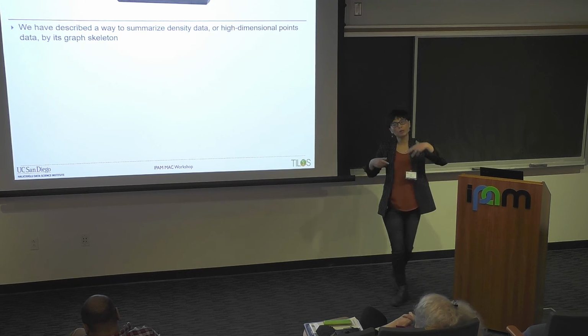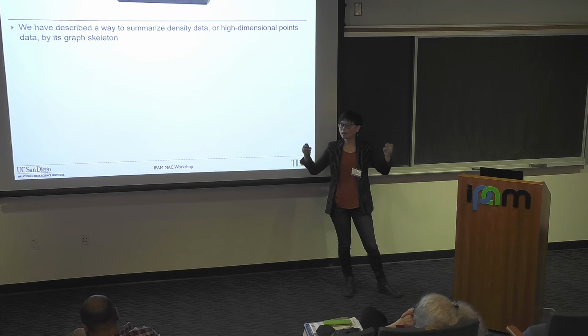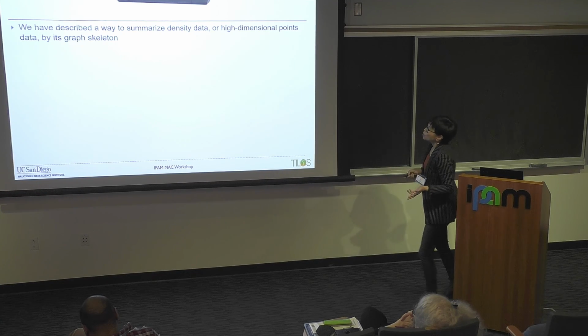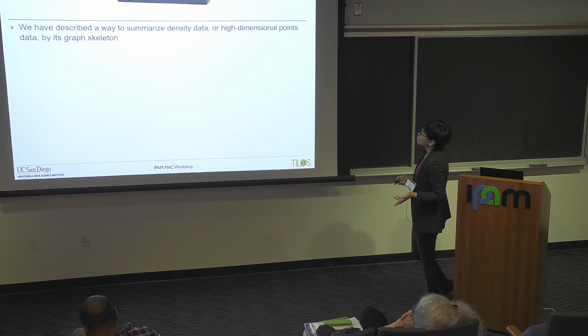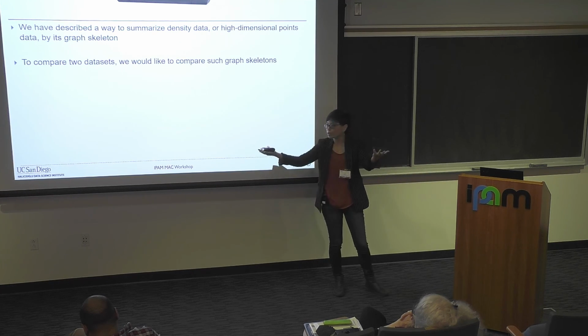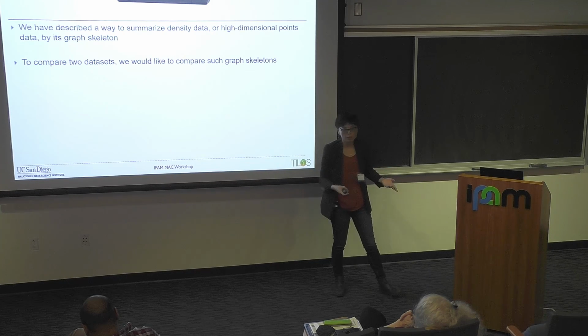What I told you just now is a way that you give me a point set, and I use a graph to represent the data points, the point cloud data. So with this graph representation, what if I want to compare them? If I give you 2 data sets, how do I compare them? Now I need to be able to compare graphs.